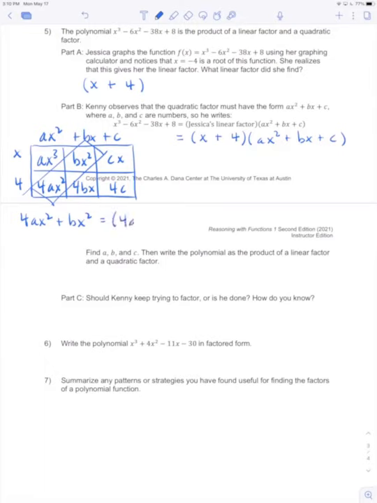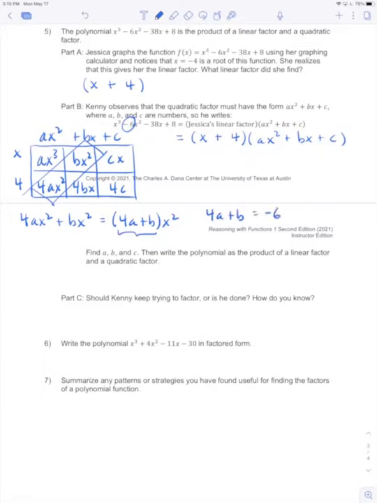So we have 4a plus b times x squared. Well, this piece here, that's our coefficient of the quadratic term. So if I go back up to here, it has to be -6. So what I'm going to do is write 4a plus b equals -6.